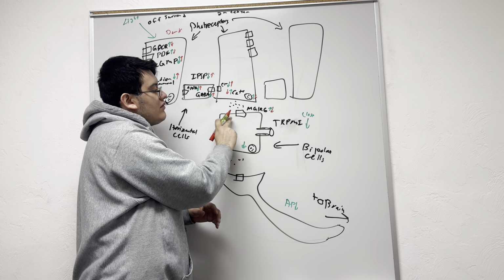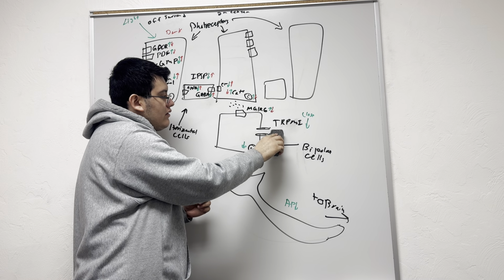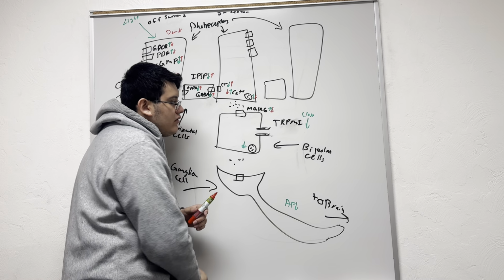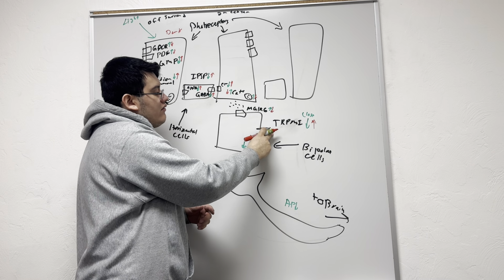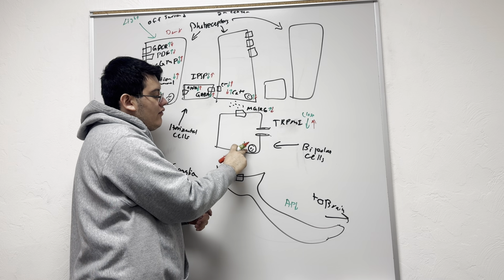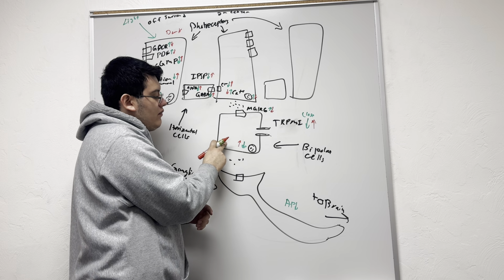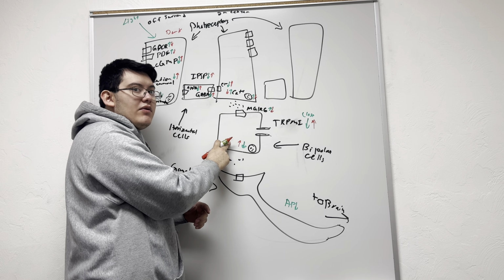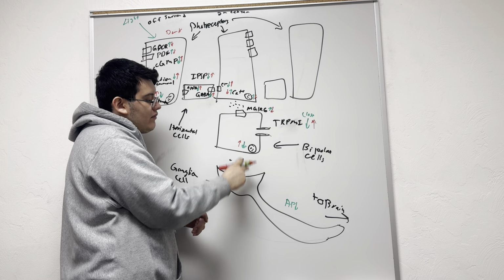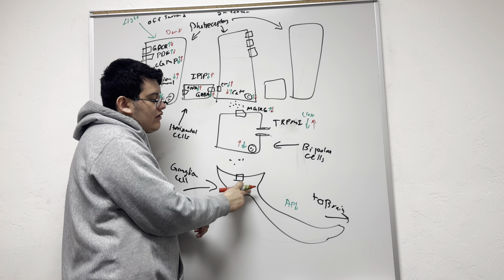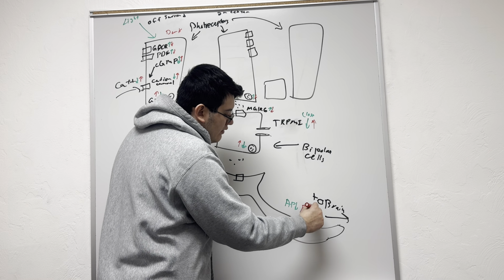And now that the mGluR6 is less activated, that's going to allow the TRPM1 to stay open. That allows calcium to come in and more glutamate to be released from the presynaptic bipolar cell to the postsynaptic ganglion cell. So now more glutamate means there's going to be more action potential going to the brain.